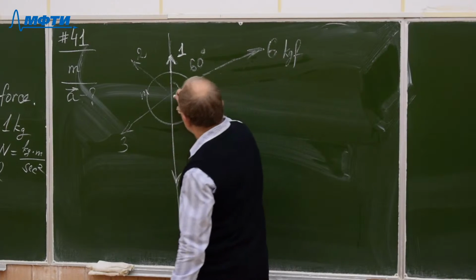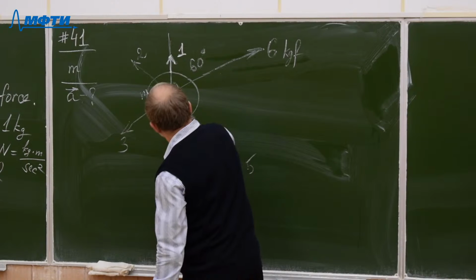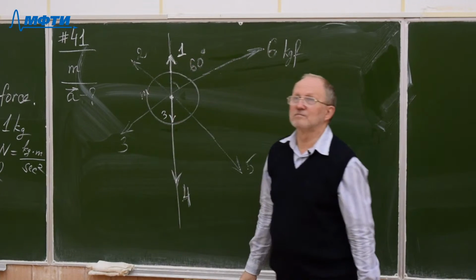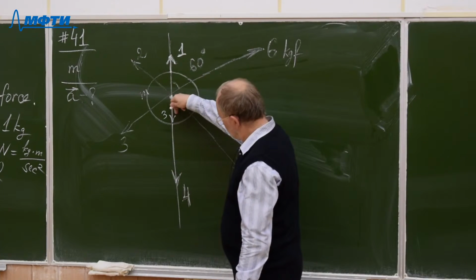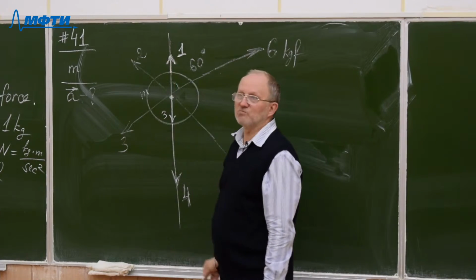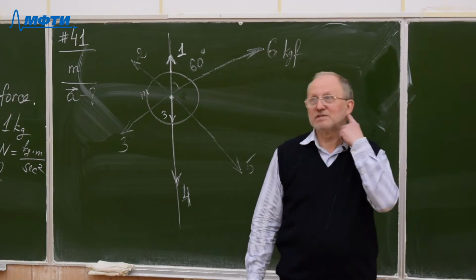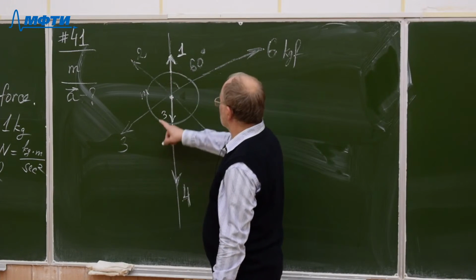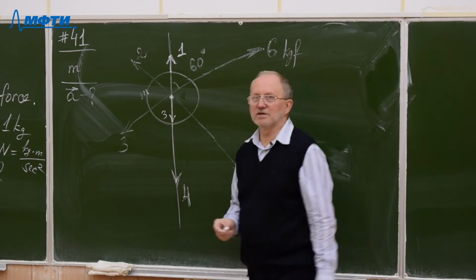We will obtain a net force acting in this direction and equal to 3. 4 minus 1. The force equal to 4 is acting downward, and the force equal to 1 is acting upward. So when we add these two vectors, we must actually subtract these numbers. 4 minus 1: the force equal to 3 kilogram forces directed downward.